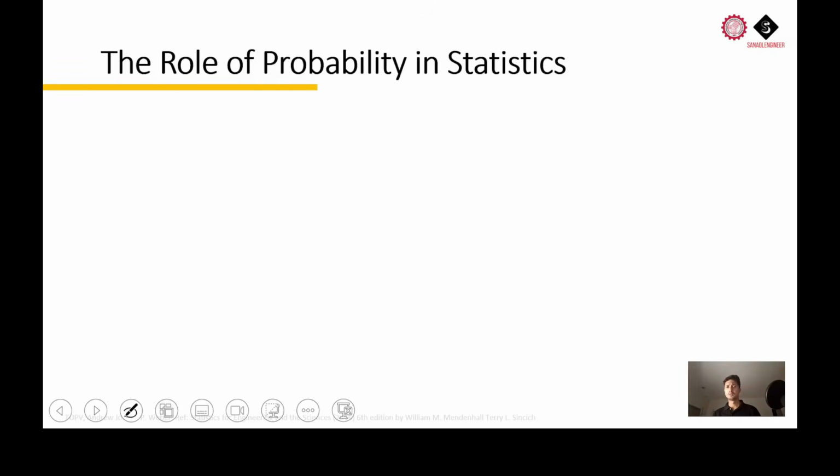Okay, so what do you think is the role of probability in statistics? Without probability, there would be no statistics, right? Because statistics is founded on the study of probability.